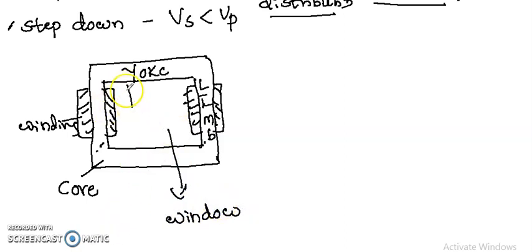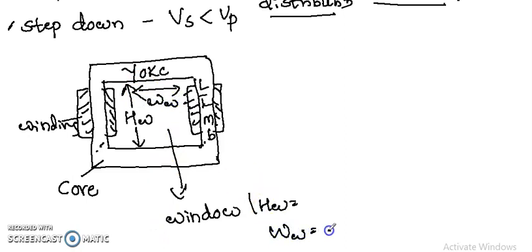It is the height of the window, say HW, the window height, and the width of the window, WW. Can you calculate the area here?